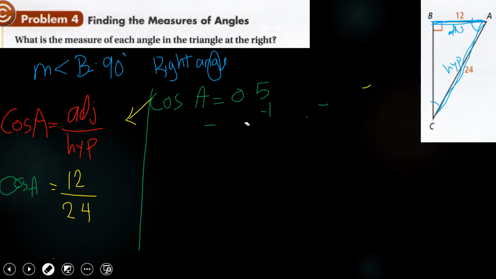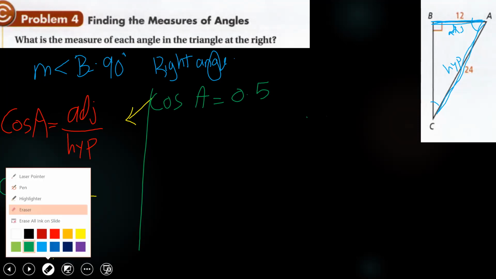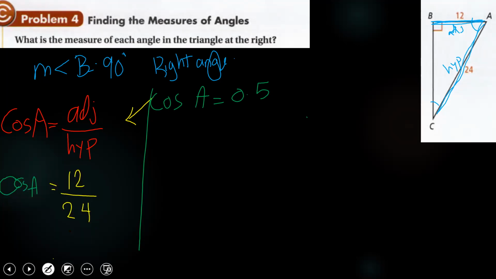Imagine that cosine A is 0.5, and imagine that cosine is like x times y, as an example. If you divide here by cosine, which is not really true, you will say A is cosine inverse of 0.5.